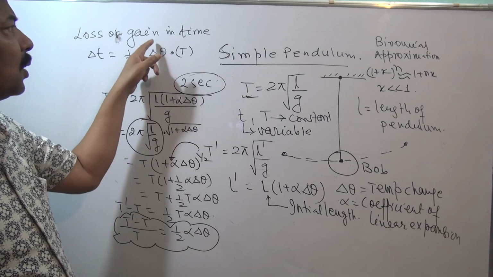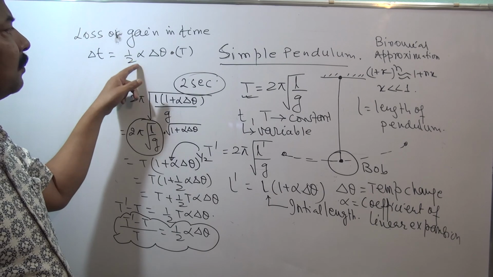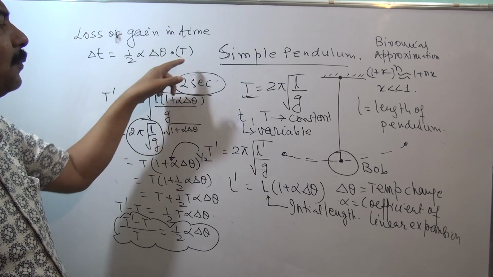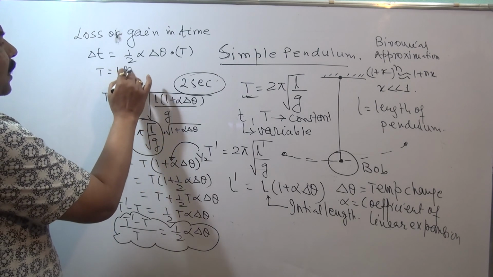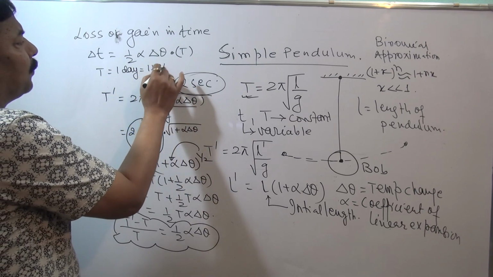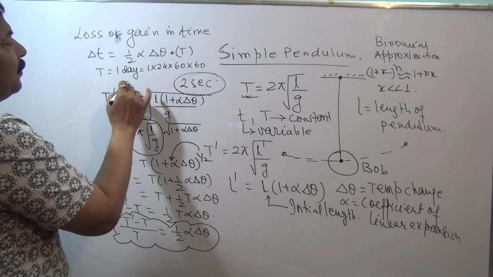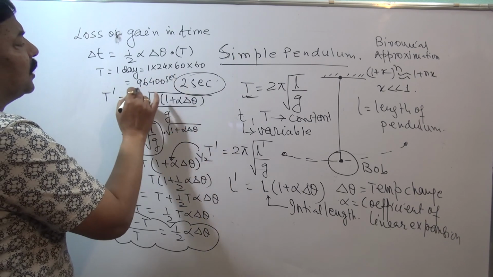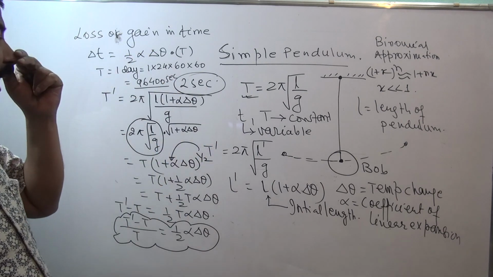So this is the loss or gain of time, delta t, 1 by 2 alpha, the coefficient of linear expansion, and this T for a day. If T is equal to 1 day, then in seconds you can write 1 into 24 into 60 into 60, and that will give you 86400 seconds. So this you should also remember. So this is loss or gain in time.